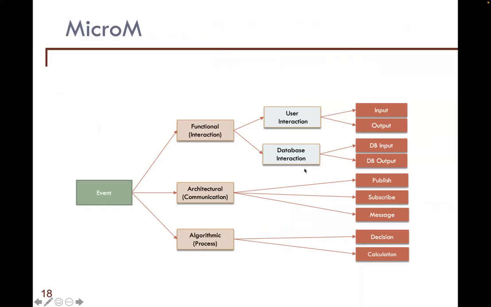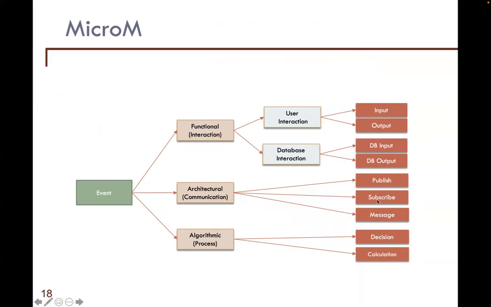This functional part is almost exactly the same as Cosmic, but we don't really consider abstract data type, object of interest, and things like that, because we are just counting events here. But it's more or less what the concepts of Cosmic functional size are all about.